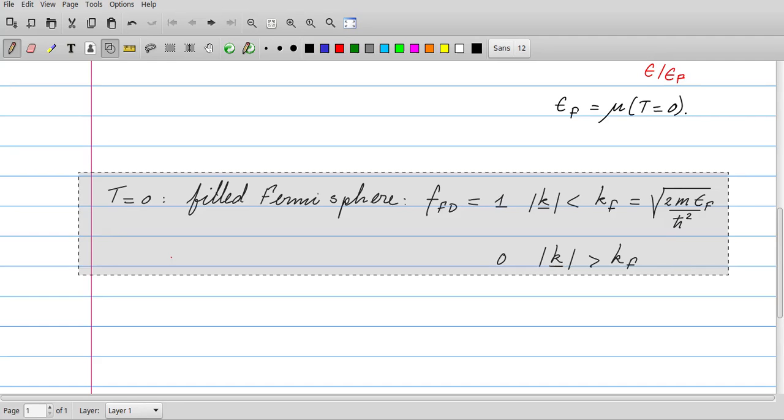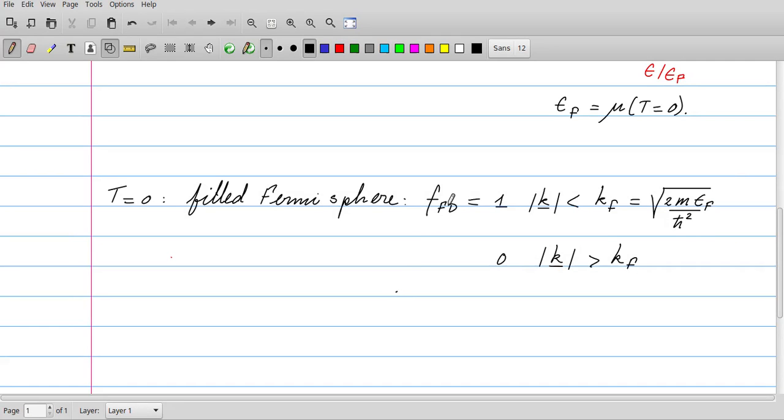That means that we have a filled Fermi sphere. The Fermi Dirac distribution is 1, which means the maximum occupation for all the k vectors that are smaller than some Fermi k vector. And the Fermi k vector can be related to a Fermi energy, epsilon_F. And it's 0 outside, so 0 for energies higher than the Fermi energy.